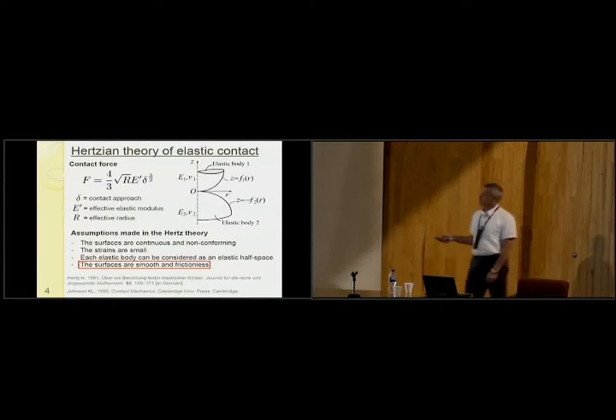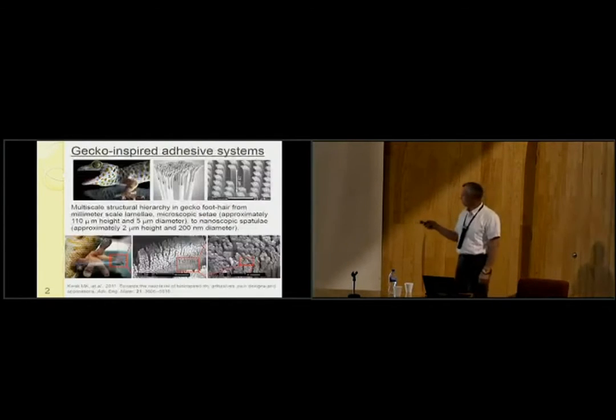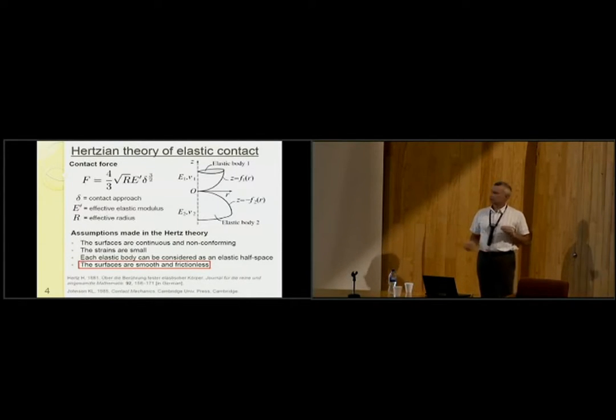For our consideration, it is important to consider this relation between contact force and contact approach. This is a nonlinear relation due to the change in geometry. When we press 2 bodies, the contact area changes, and so we have nonlinearity.